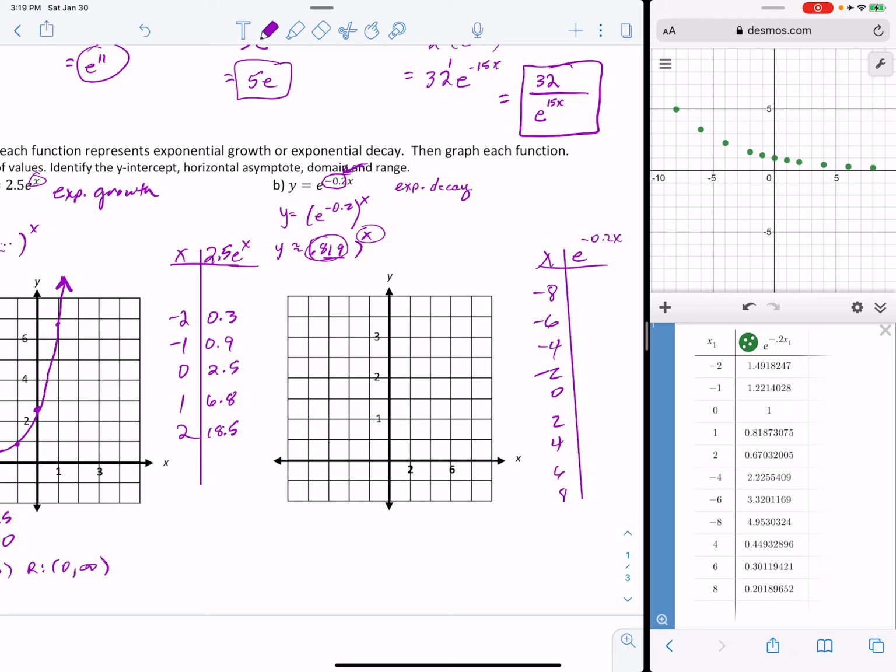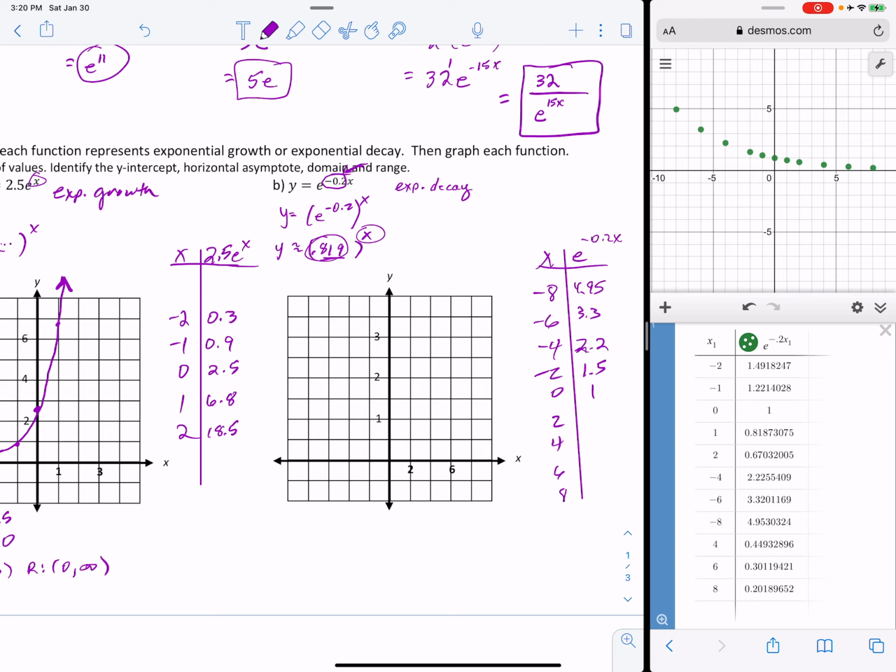So negative 8 is 4.95. And negative 6 is 3.32. 3.3 is probably good. And negative 4 is 2.2, which is good enough. And negative 2 was 1.5. 0 was 1.